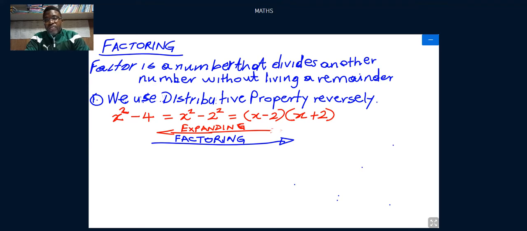We use distributive property reversely when we do factorization. We use it reversely. So you must look at this difference of two squares, x squared minus 4, and I want to express them as the difference of two squares, meaning that x is squared and 2 is also squared.